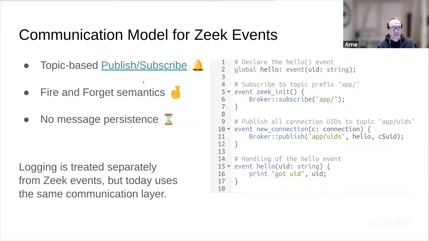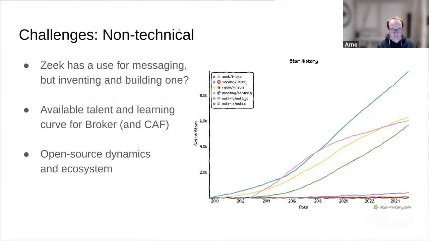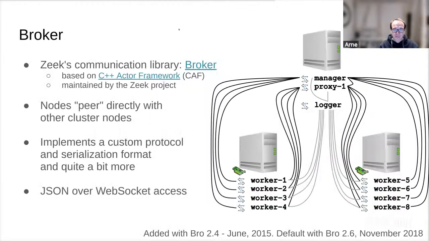Okay, so the implementation, what's in Zeek today, to realize that publish subscribe functionality is called Broker. Broker is not just a communication library, but at least in the context of this talk, it's a communication library.